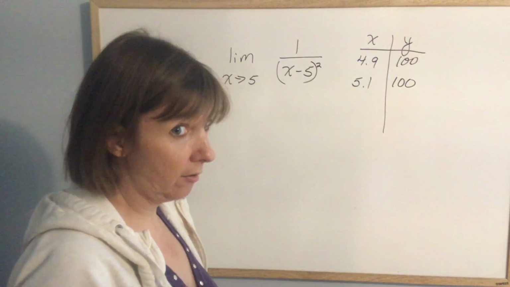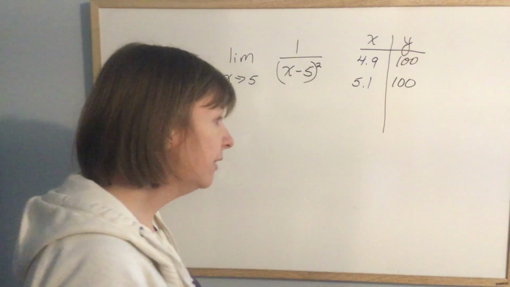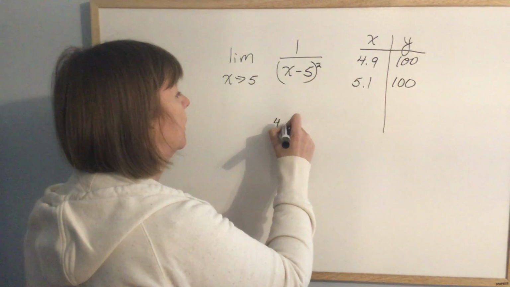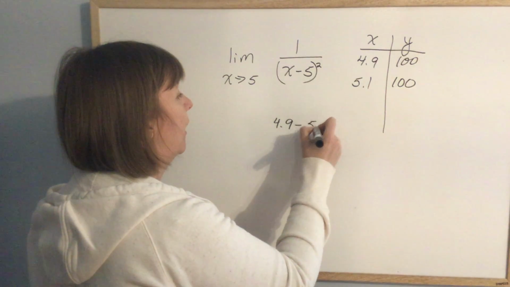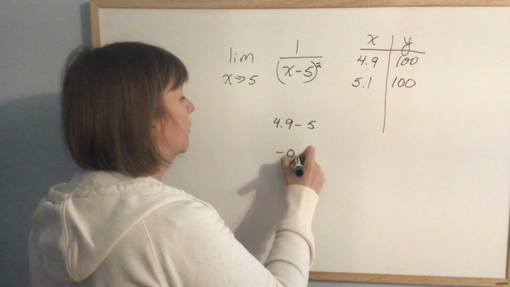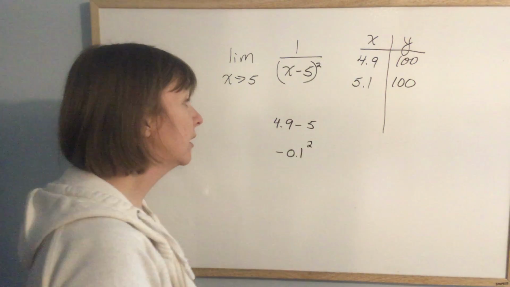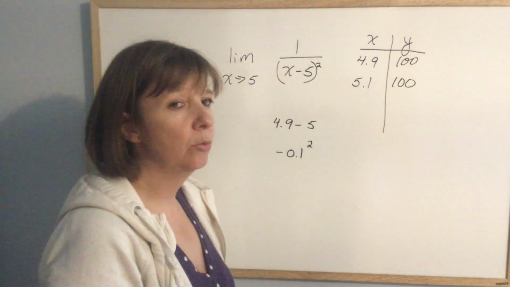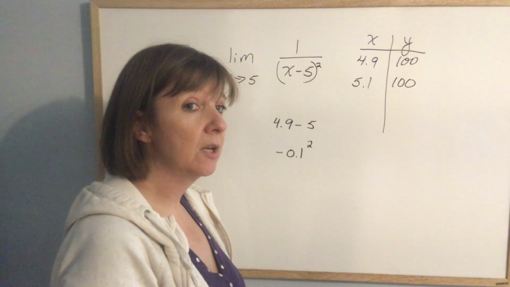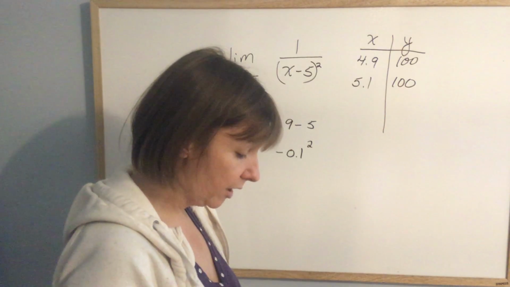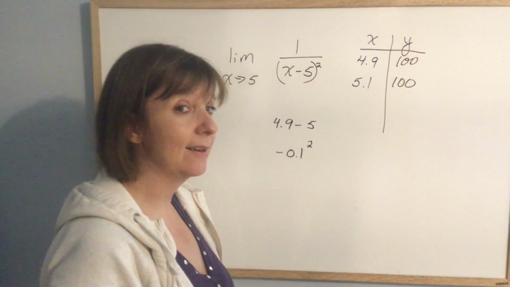If you did 4.9 minus 5 and got negative 0.1, and all you did in your calculator was hit squared, it might tell you negative 0.01, but your calculator's lying to you because you lied to it.